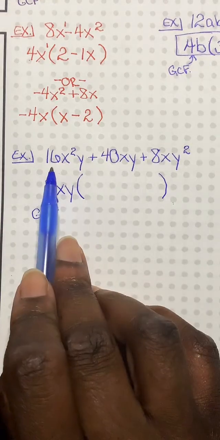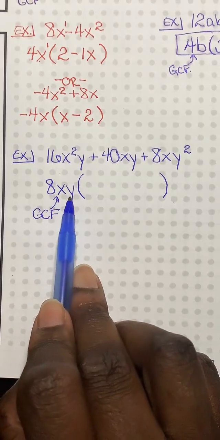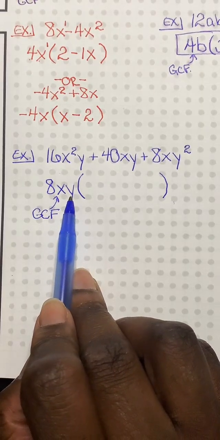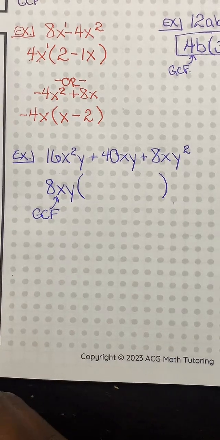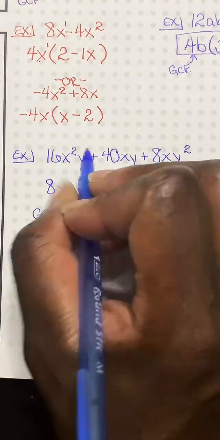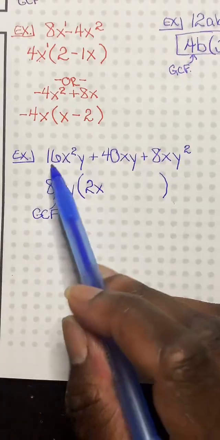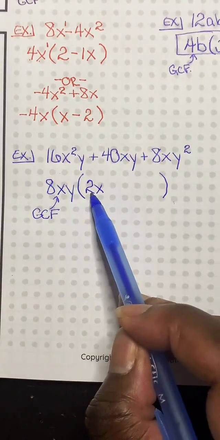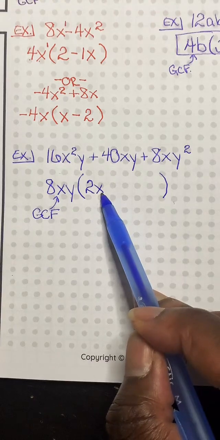All right, so we are going to divide each of these 3 terms by that 8xy. Maya says inside the parentheses should be a 2x, a plus 5, and a y. Do we agree? 2x will go right here because 16 divided by 8 gives me 2. x squared divided by x gives me 1x.